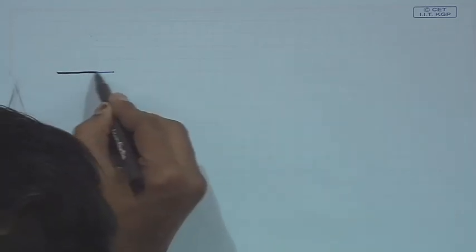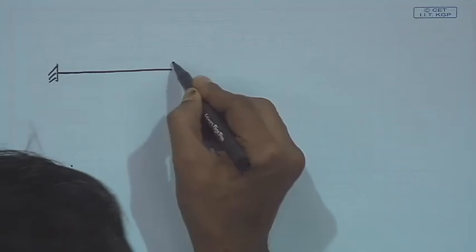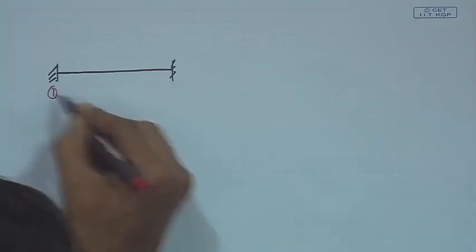Suppose again this is the structure, and this end was actually fixed. This is joint number 1, joint number 2.